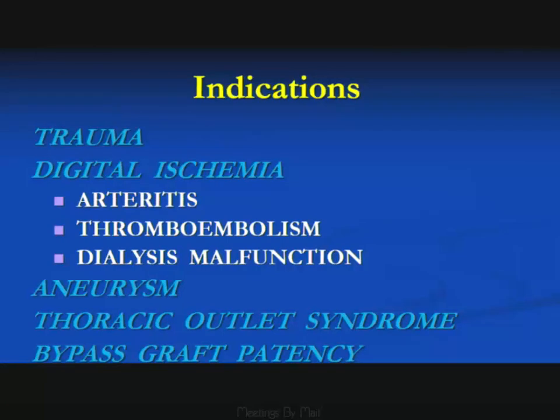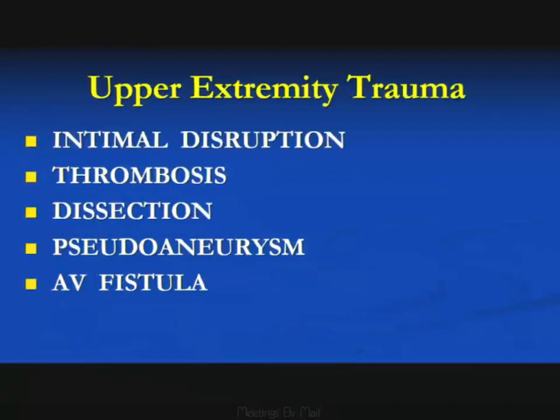Dialysis malfunctions in relation to inadequate flow through the dialysis grafts, or dialysis grafts associated with aneurysms at the venous onlay site. Aneurysms themselves, thoracic outlet syndrome, and then bypass graft patency. So trauma, intimal disruption, thrombosis, dissections, pseudoaneurysms, AV fistulas, the usual culprits.